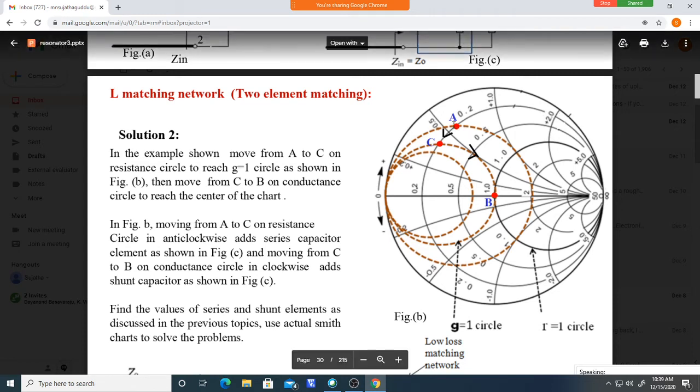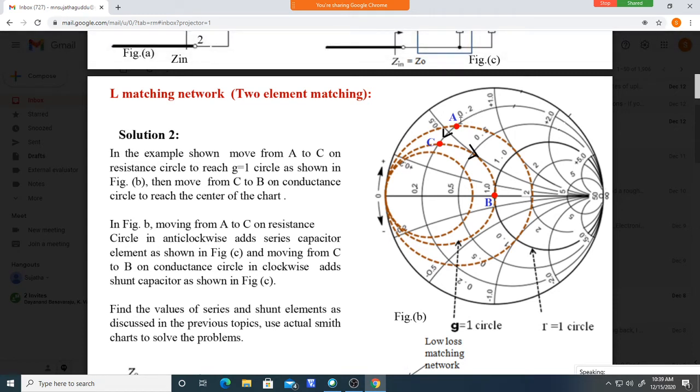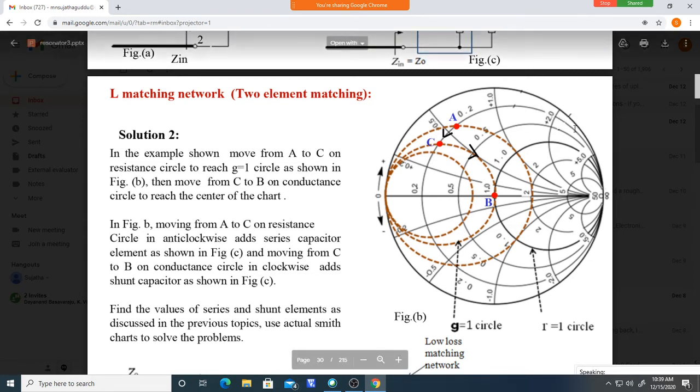From here you should move on the resistance circle or conductance circle such that you reach the R equal to one circle or G equal to one circle. For example, in this problem, from here you move in this clockwise direction on the resistance circle. Do you reach the R equal to one circle or G equal to one circle? You do not reach. It will be ending here.